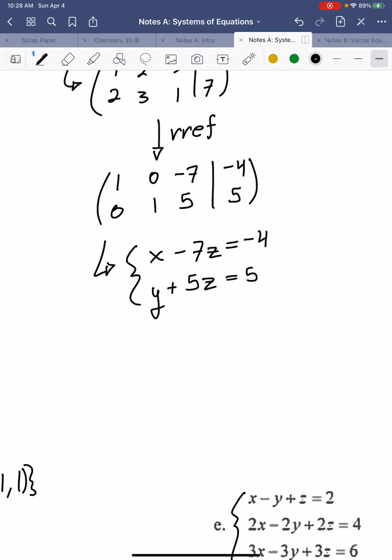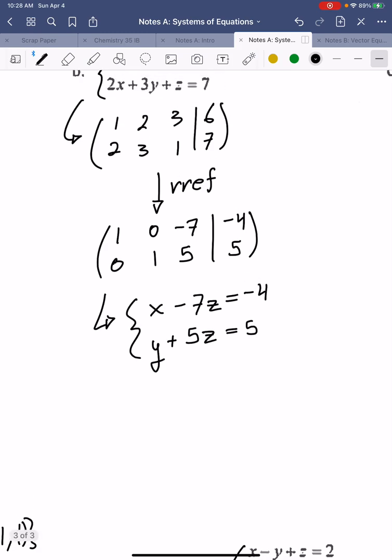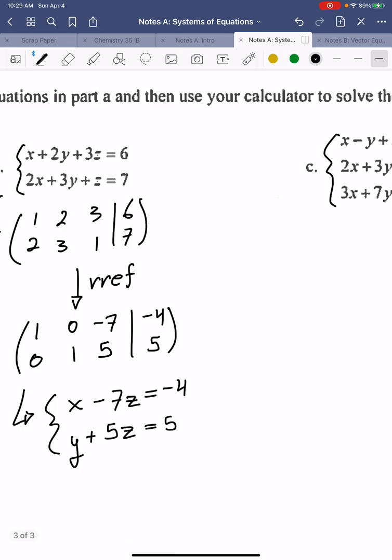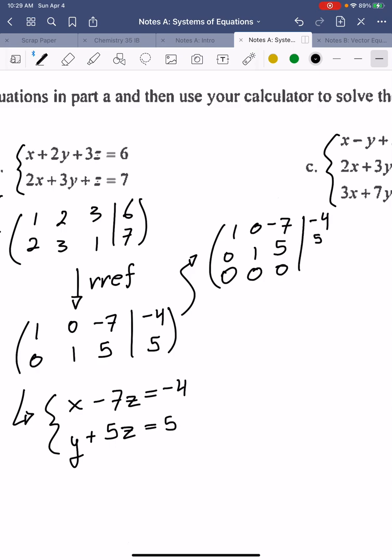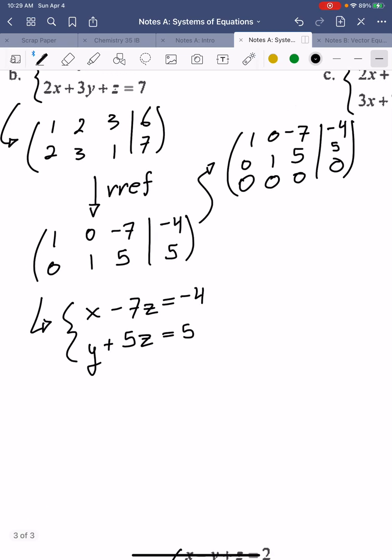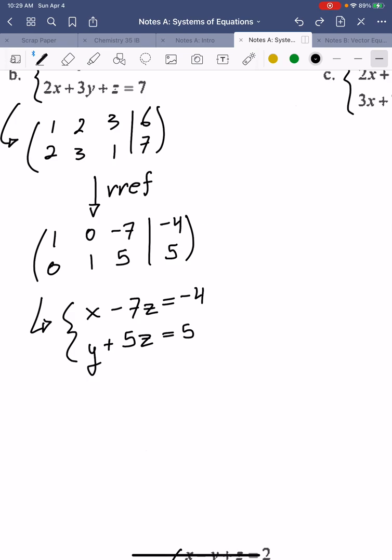So if you think about it, if we had this matrix as a 3 by 3, it would look like this, with 0 equals 0 at the very bottom. That's because we have any value for z, because we can't find a value for z using RREF.